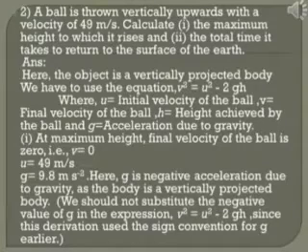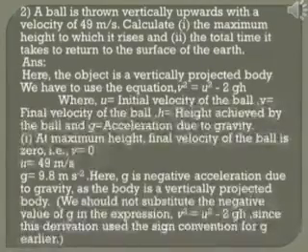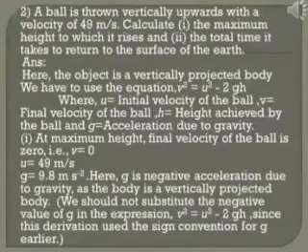So we have to use these equations conveniently. v square is equal to u square minus 2gh, where u is the initial velocity, v is the final velocity, h is the height achieved by the ball, and g is the acceleration due to gravity.